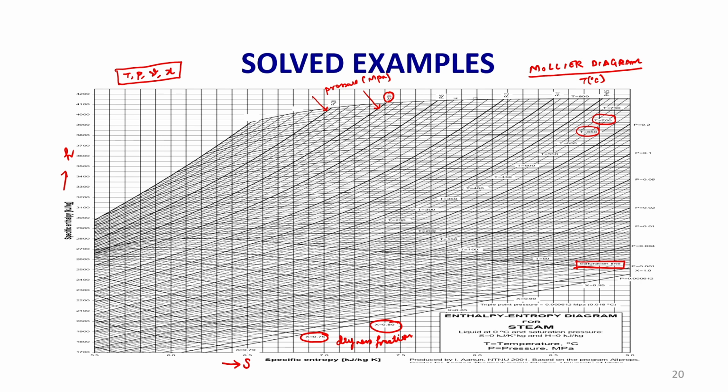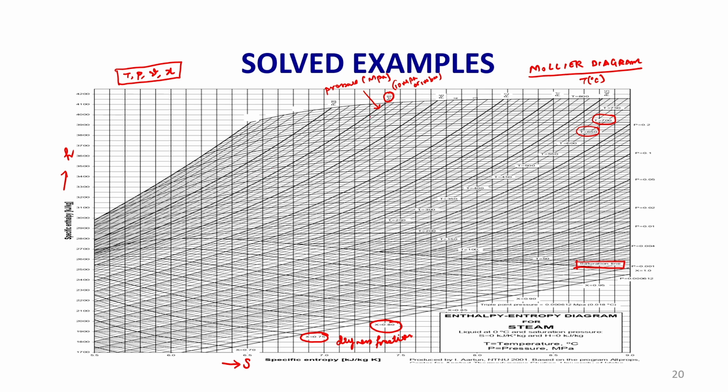So, this is the 10 megapascal line. Let me erase this one, otherwise it will be confusing. This is the 100 bar or 10 megapascal line. This is the line I am referring to.